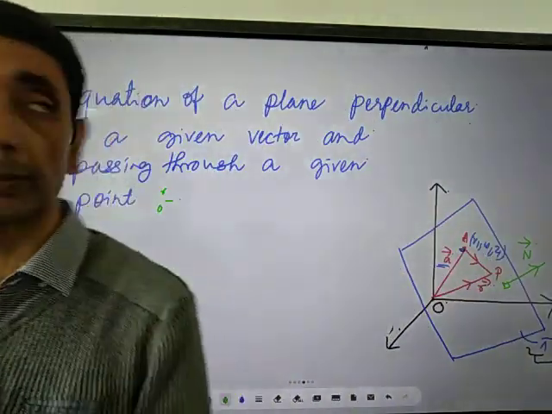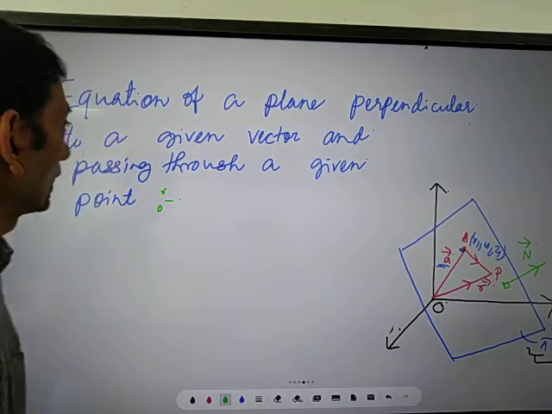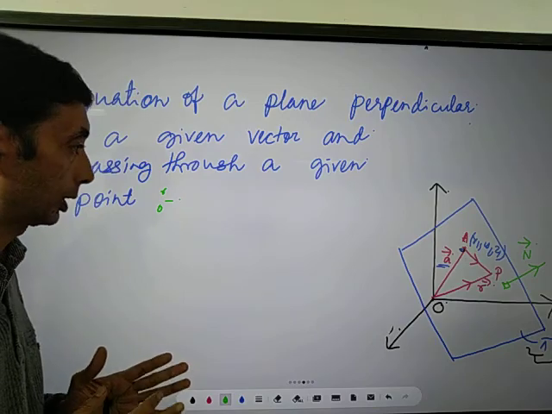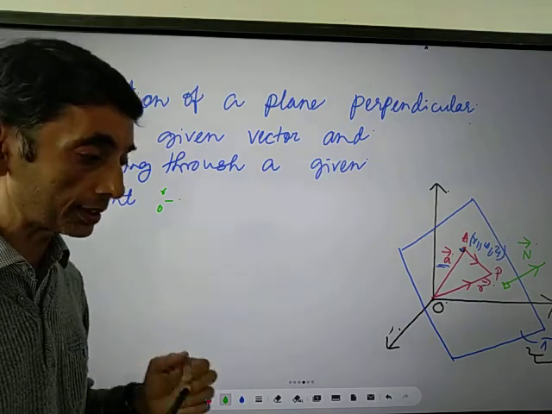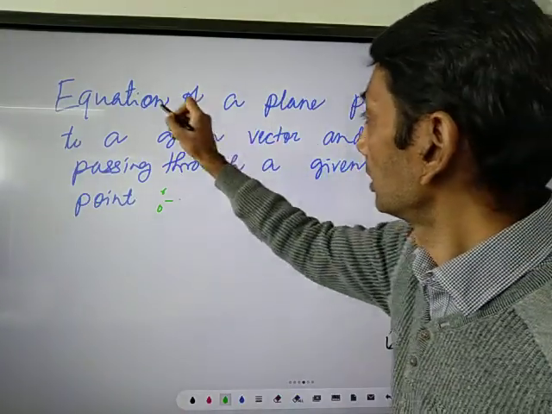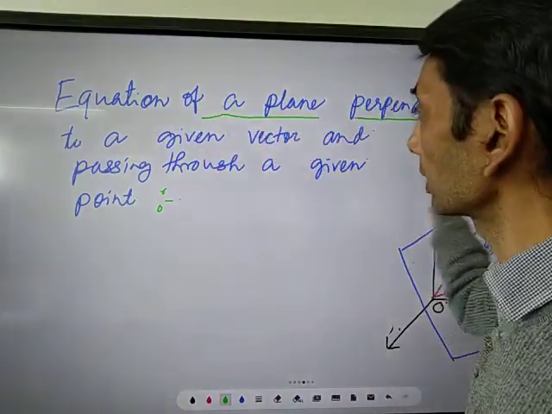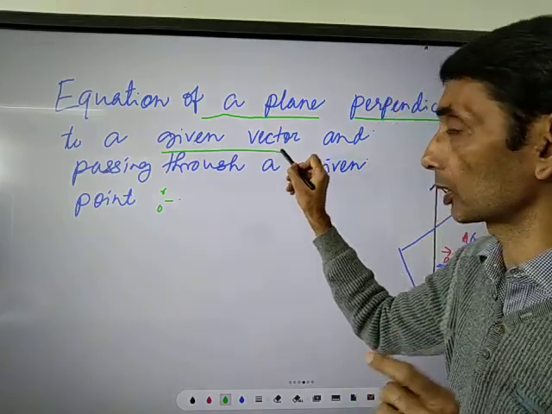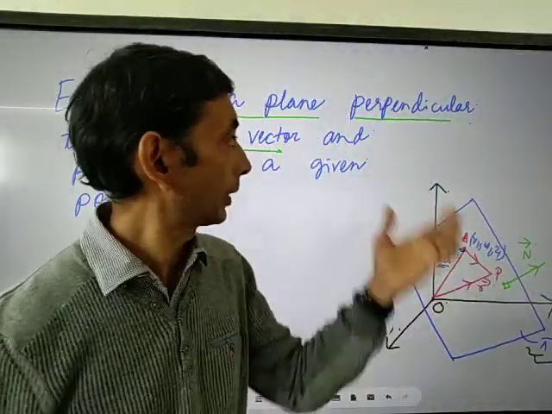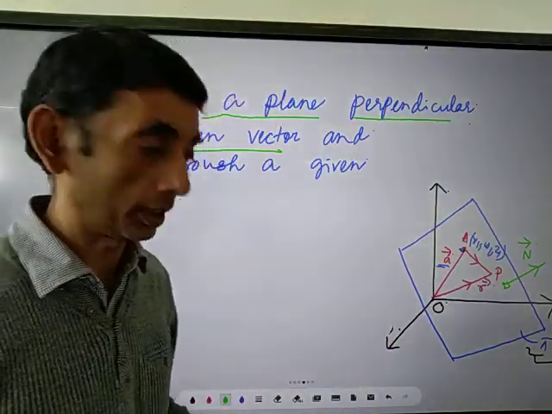So what is the next concept? The equation of a plane perpendicular to a given vector and passing through a given point. Let us first think about a plane perpendicular to a given vector. How many planes can we think of when the vector is perpendicular?